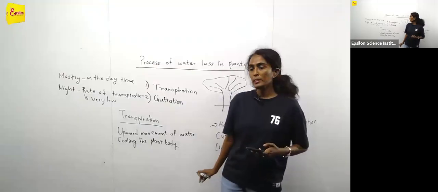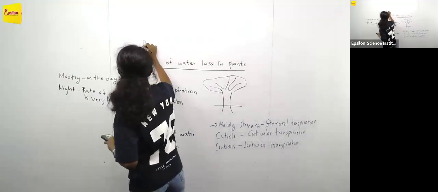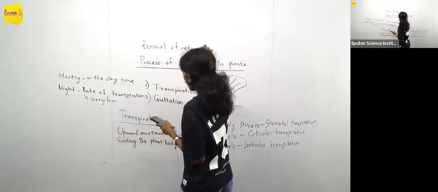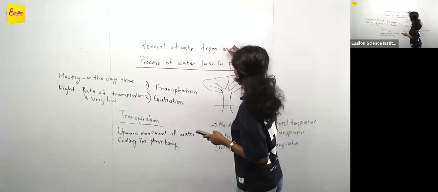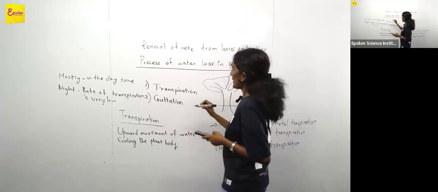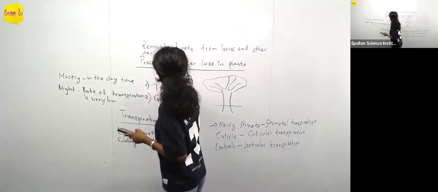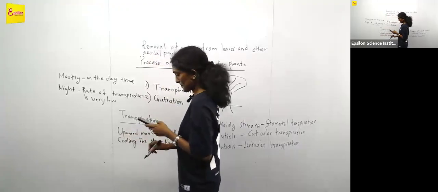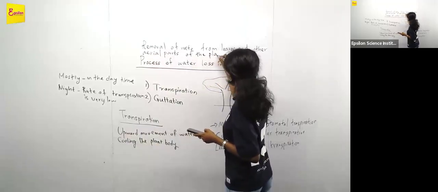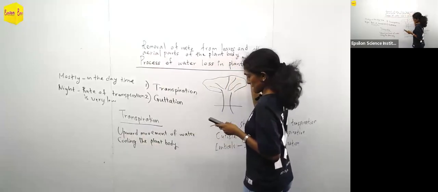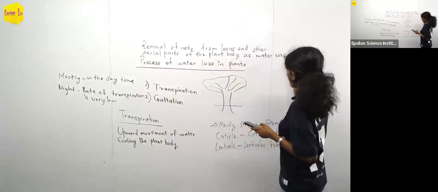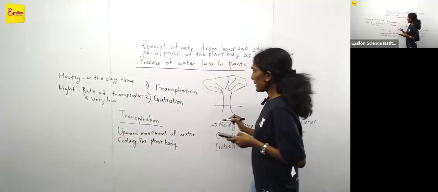Removal of water from leaves and other aerial parts of the plant body as water vapor by diffusion.